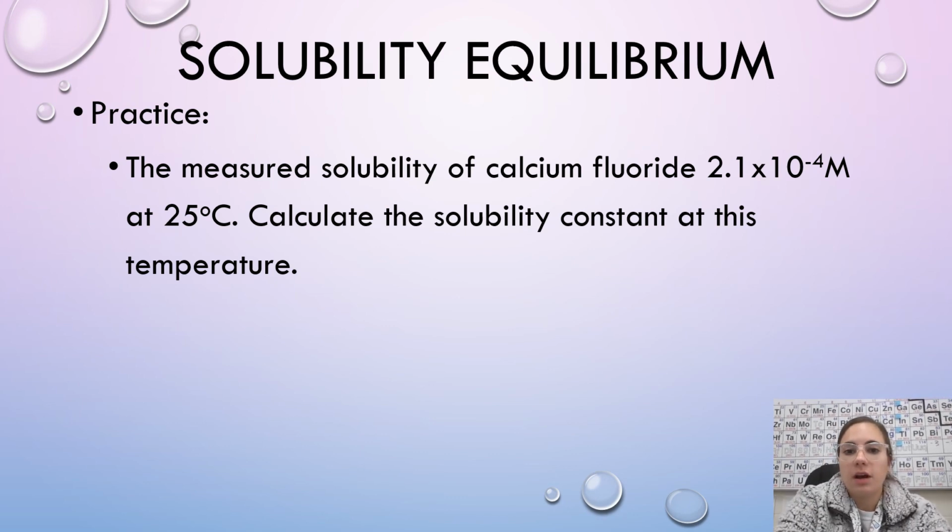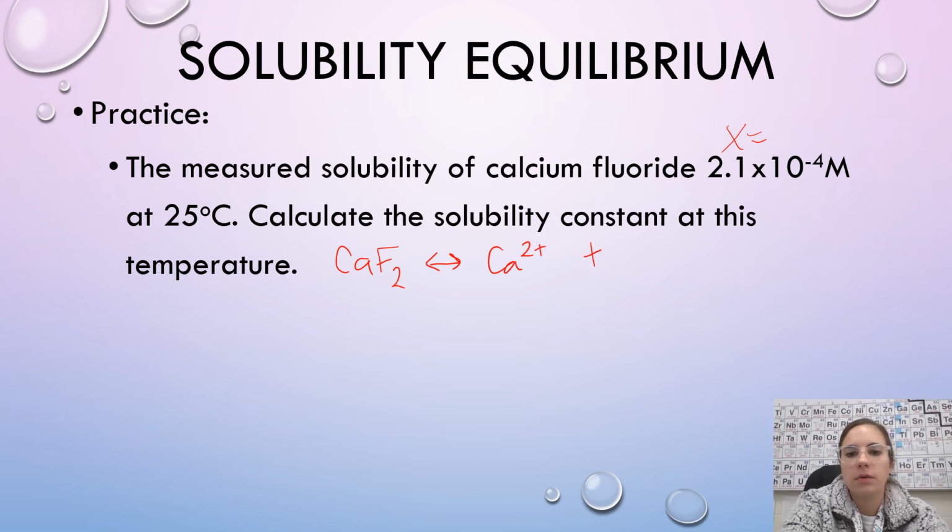All right, so we're given the solubility of calcium fluoride is 2 times 10 to the negative 4. So X equals 2 times 10 to the negative 4. Calculate the solubility constant. Calcium fluoride dissolves into 1 calcium and 2 fluoride ions. So the KSP is the concentration of calcium times the concentration of fluoride squared.